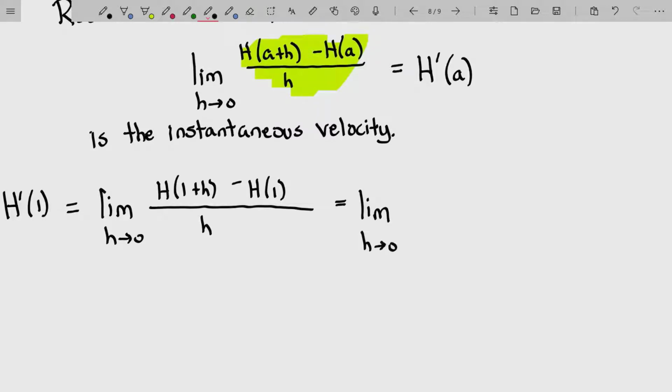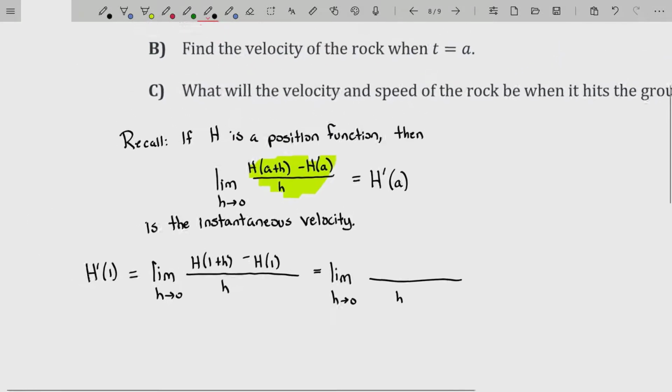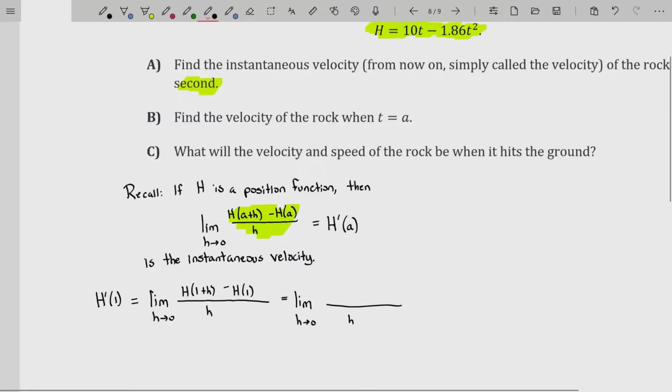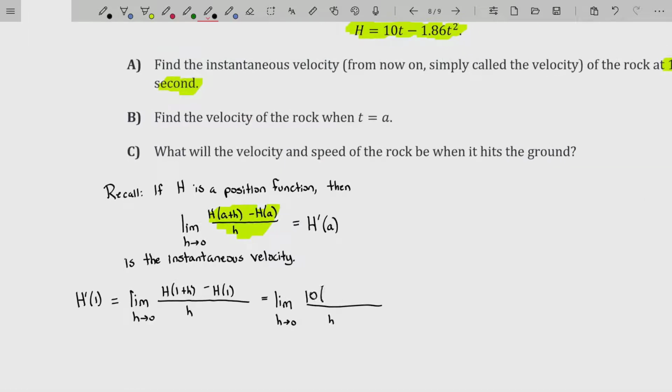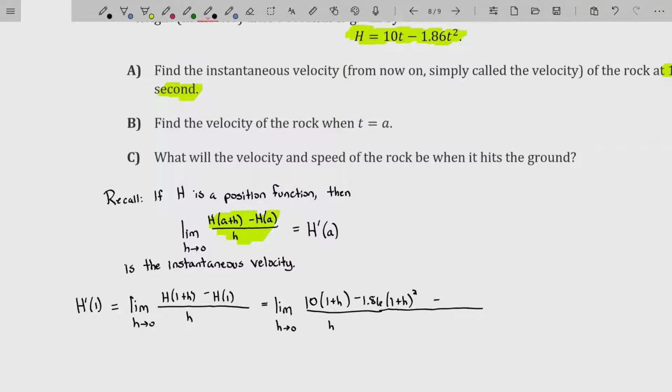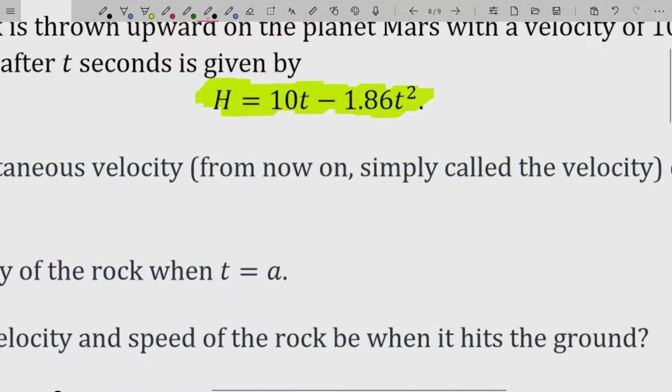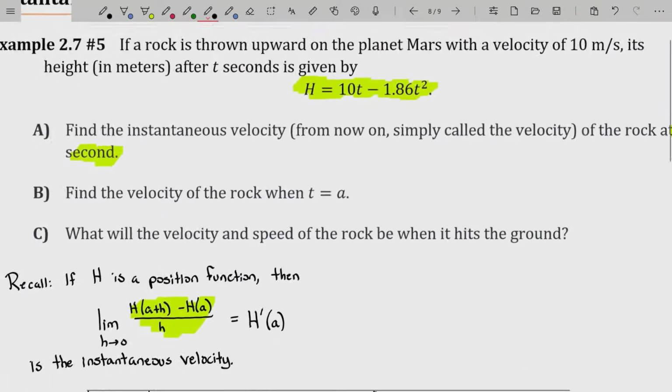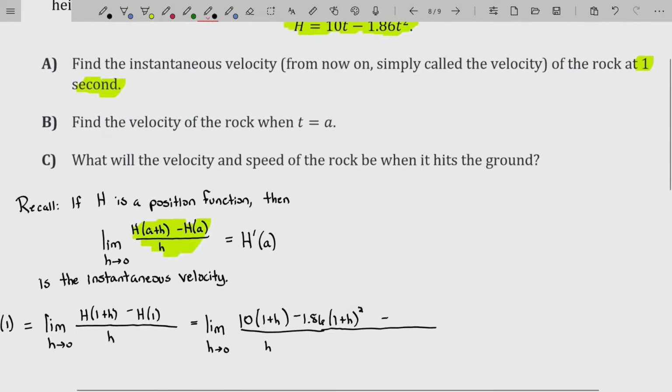So this will be the limit as h approaches 0 of something over h. That something is, let's see, we're going to plug 1 plus h into the function. So it's 10 times (1 plus little h) minus 1.86 times (1 plus little h) squared. And we're going to subtract off that function evaluated at 1.